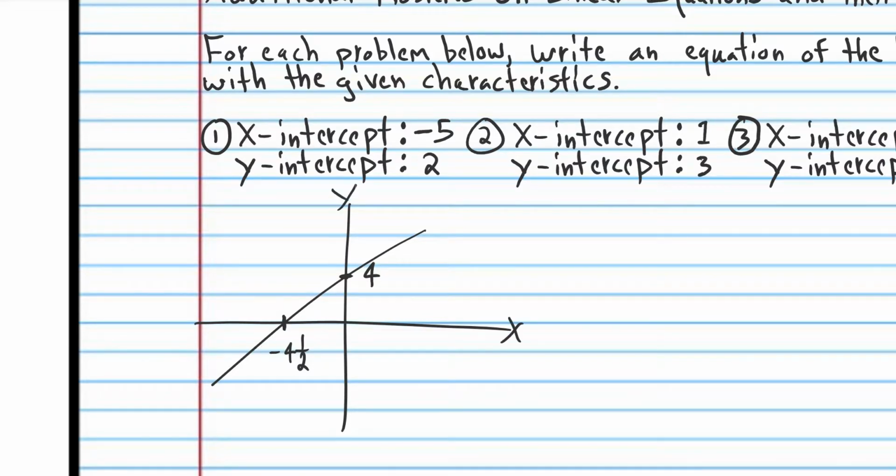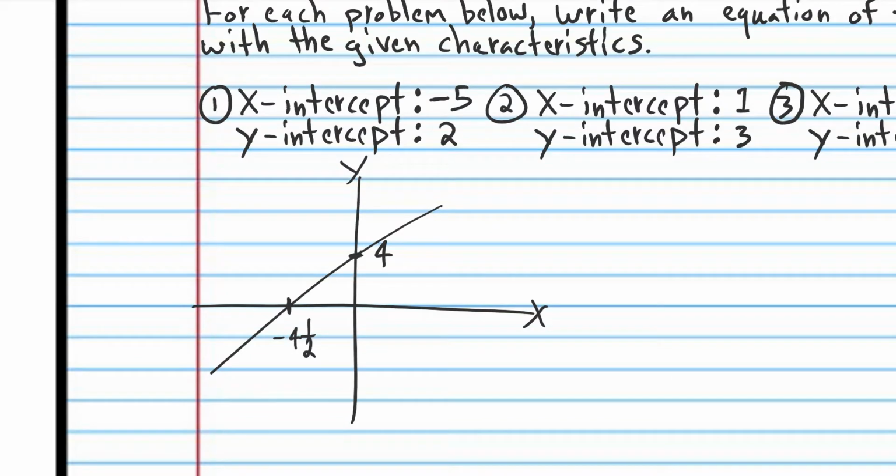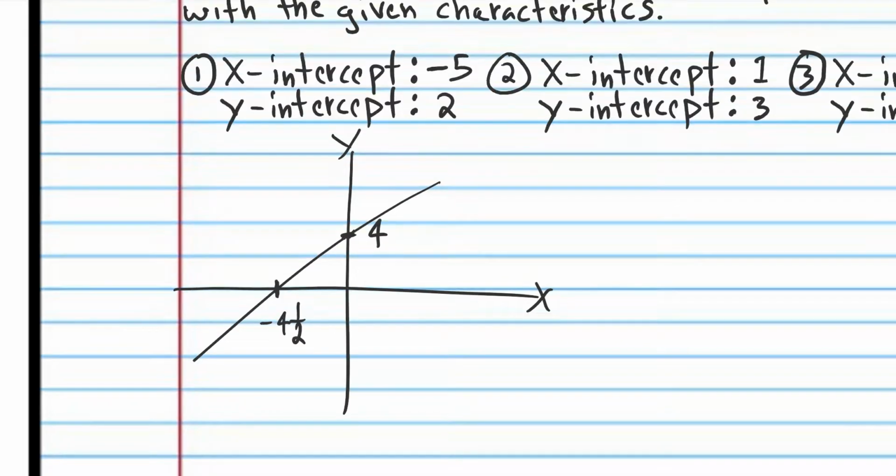Remember, this is the x-axis, and this is the y-axis, and this is the y-intercept. 4 is the y-intercept because that's where the line crosses the y-axis. But I want you to understand that you can also write the x and y-intercepts as ordered pairs. You can write them as just single numbers as you see here, but you can also write them as ordered pairs.